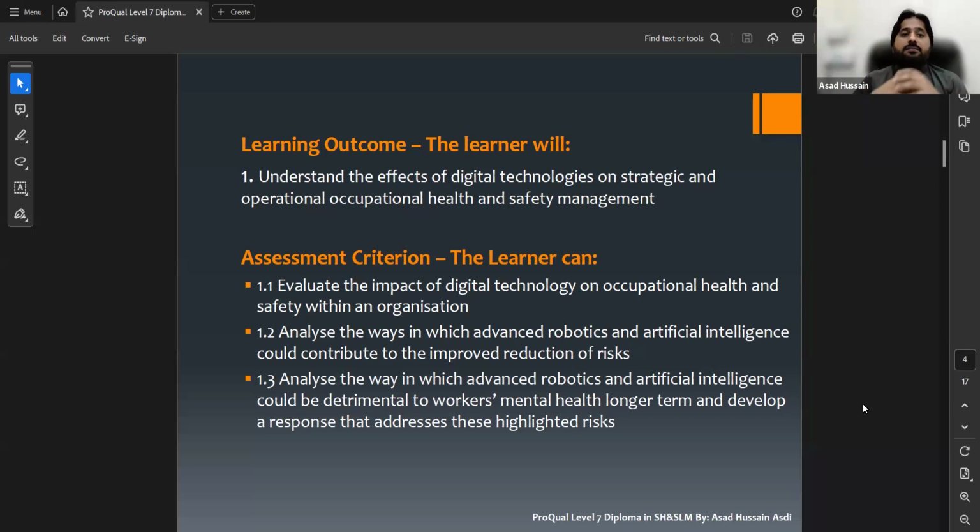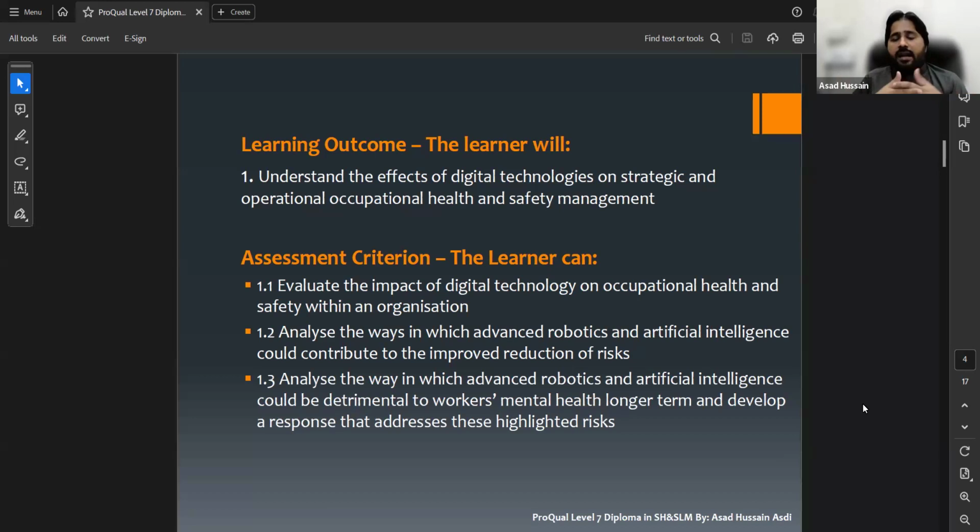Like what type of technology in your organization you are using, which is under the cover of advanced robotics and artificial intelligence, and is working there and contributing to the reduction of risk. You have to give your analysis on it. But when it comes to providing supportive evidence of that, it's an analysis. Even if you explain it very well, then it's fine. You don't have to provide the evidence for that, but still there is a chance how you can provide it.